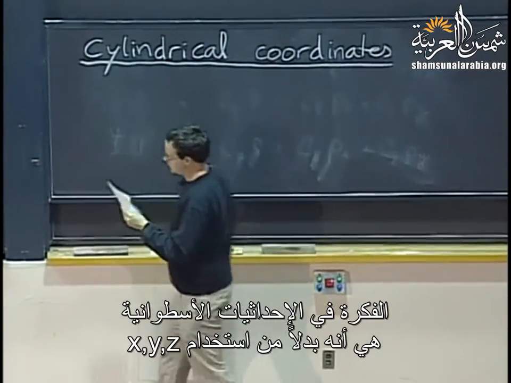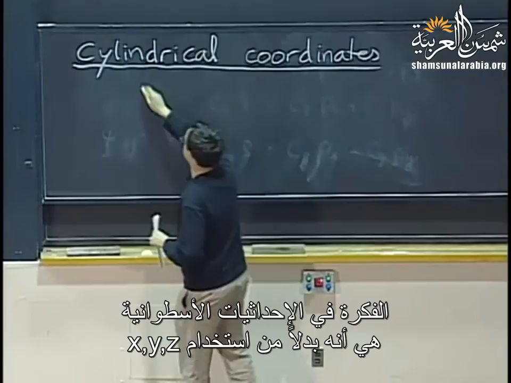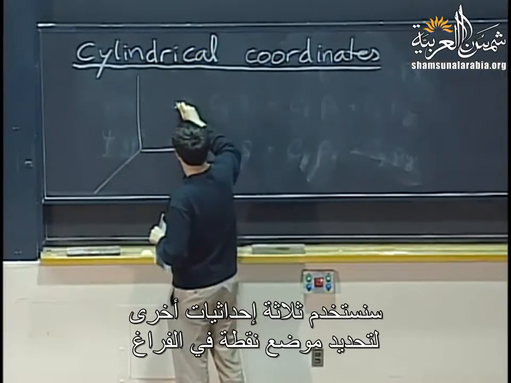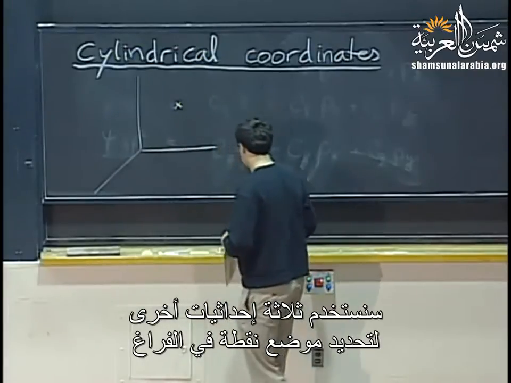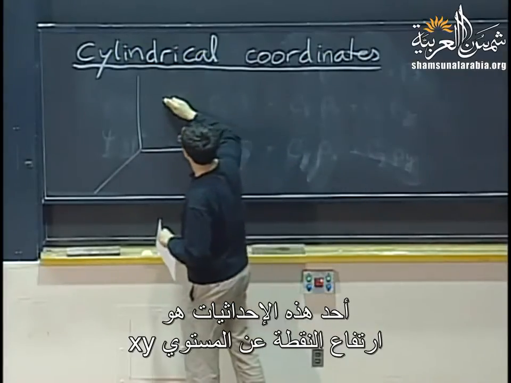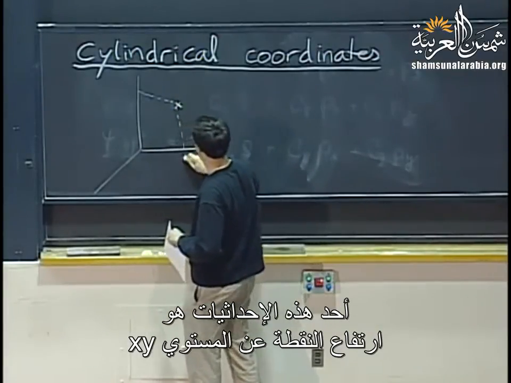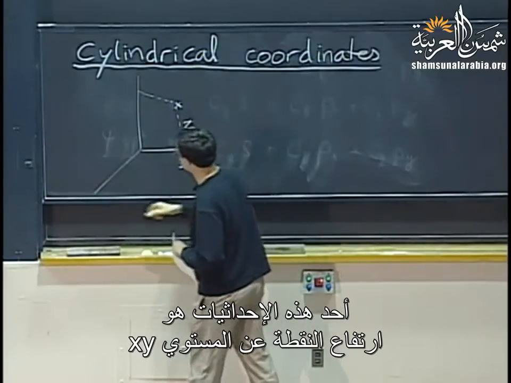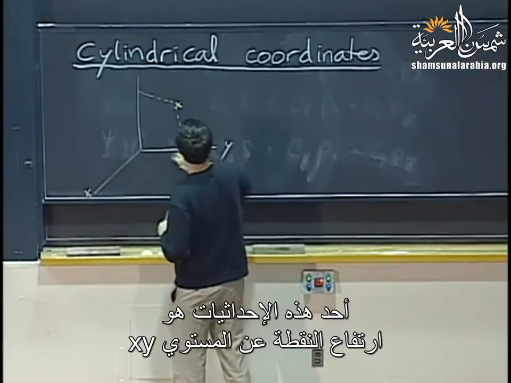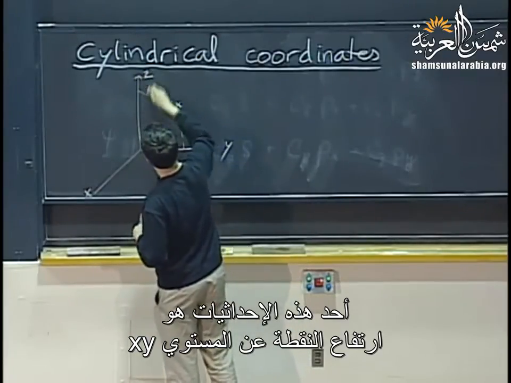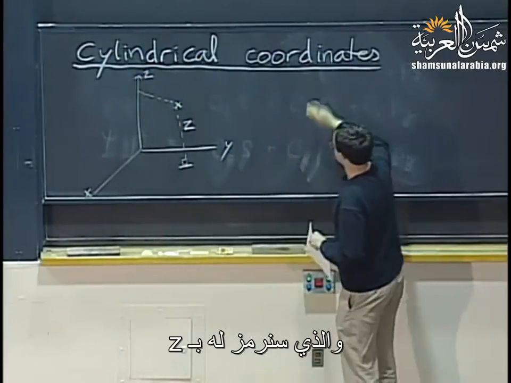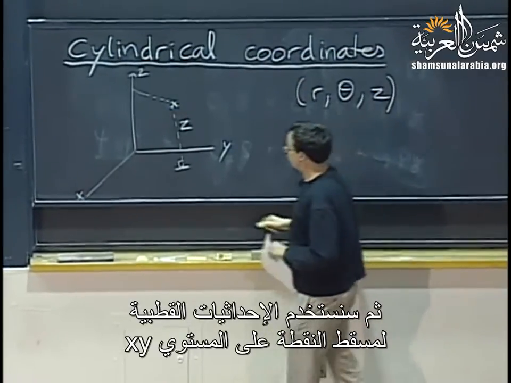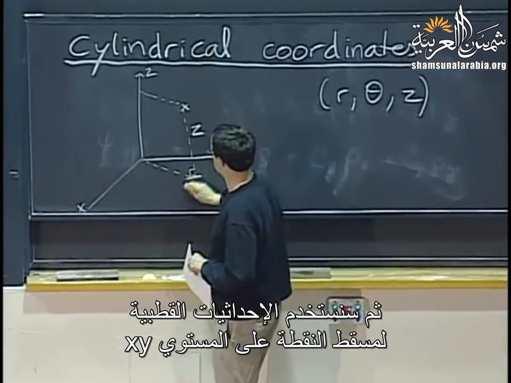So in fact, you already knew about cylindrical coordinates, even if you didn't know the name. The idea of cylindrical coordinates is that instead of x, y, and z, to locate a point in space, you will use 3 coordinates. One of them is basically how high it is above the xy plane. So that will be z. And then you will use polar coordinates for the projection of your point in the xy plane.